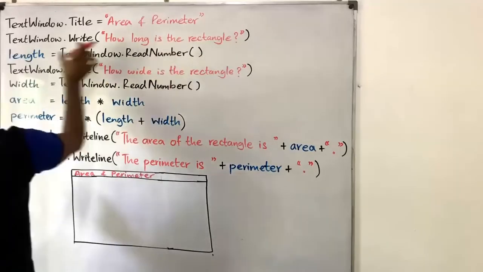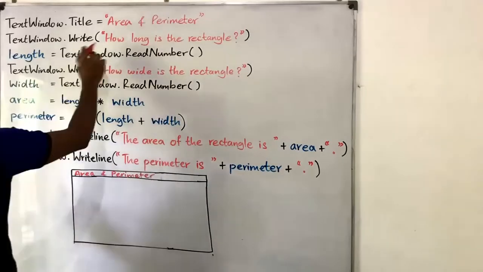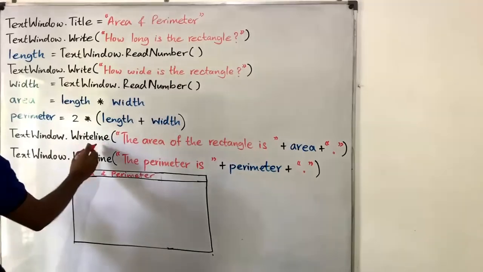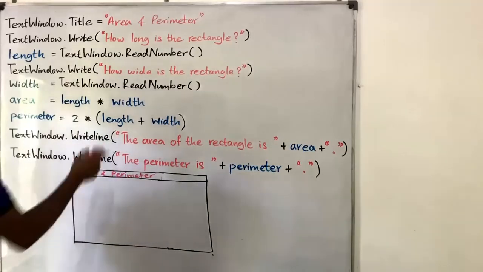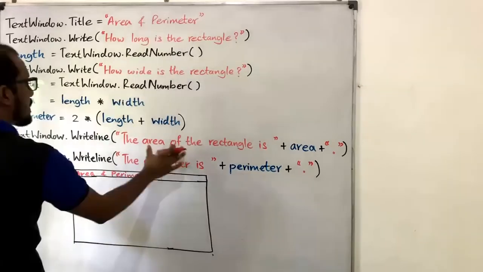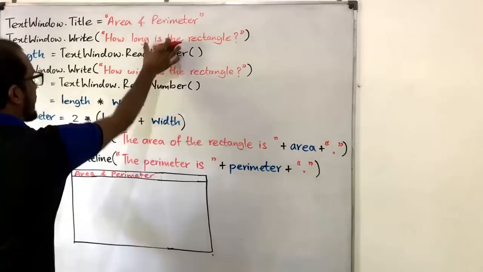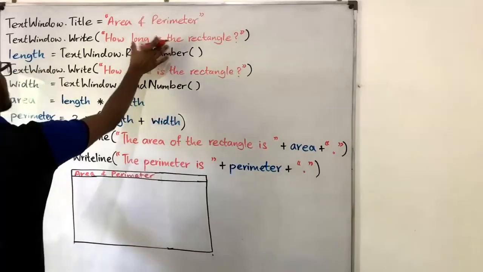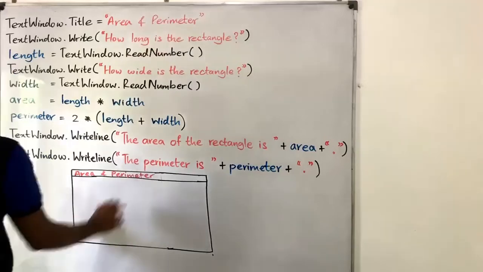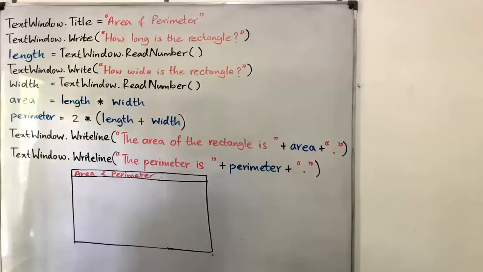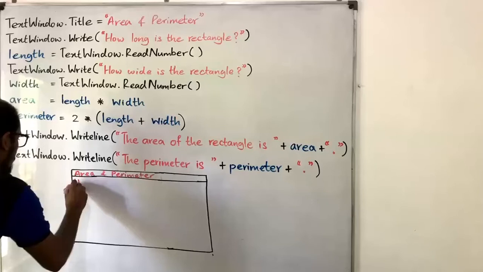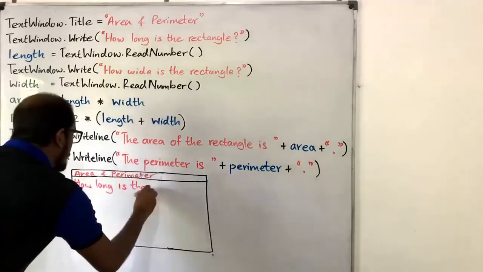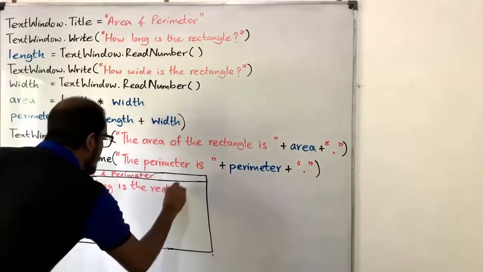This write operation and also the write line operation: what is the behavior of those operations? They output the relevant sentence or string to the window. So here, the question, how long is the rectangle, is output to the window. That's the thing.